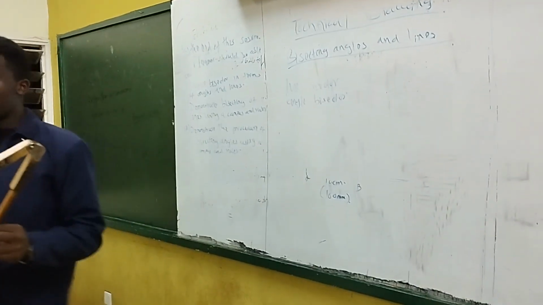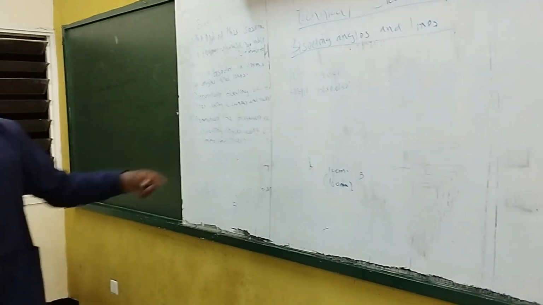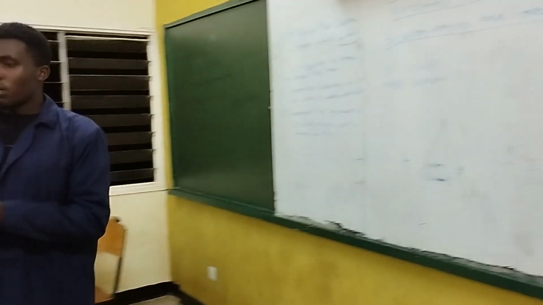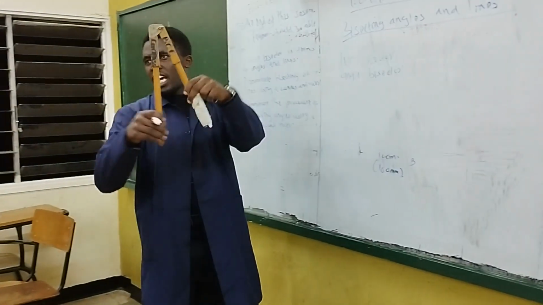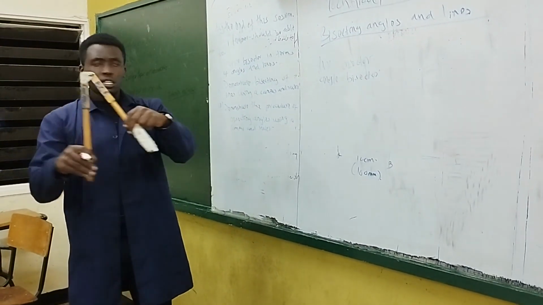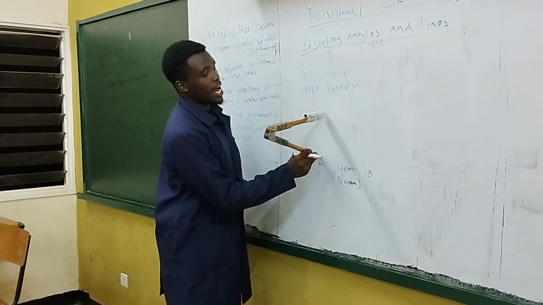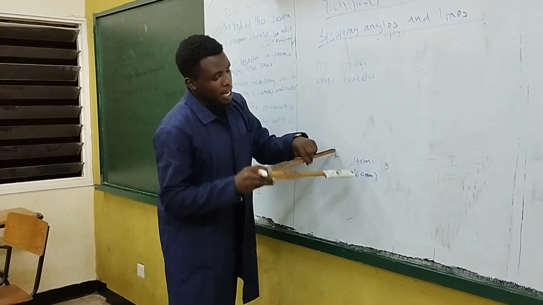From there, I want to bisect this line AB into two equal portions. So, using your compass, any distance, come to your starting point, make an arc above, also make an arc below.